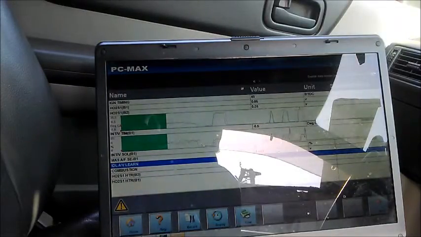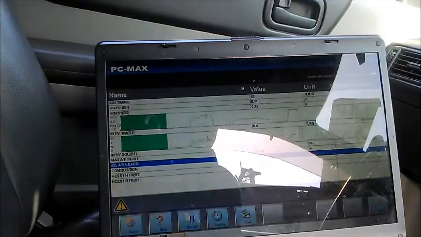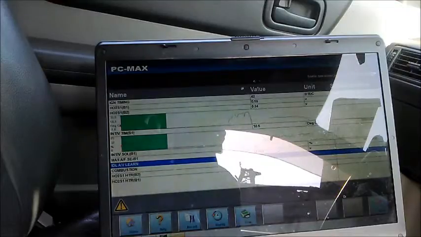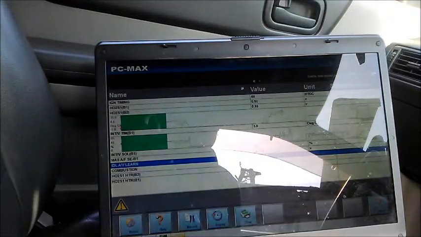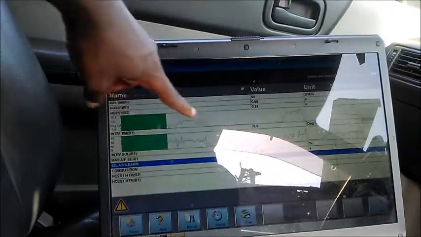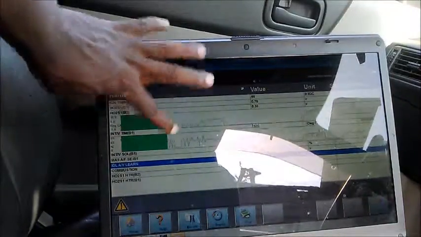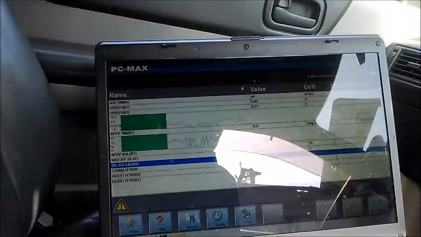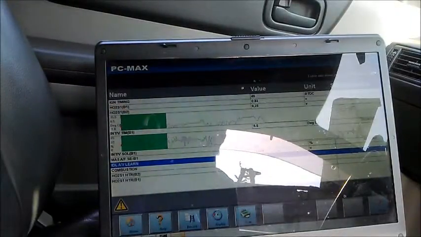I'm going to bring it down to 3000 now. It's difficult to keep it level, but that's 2.5 now. I want to push it back to 3000 RPM. But you can see every time the ECM commands valve timing change, there is a change going on.